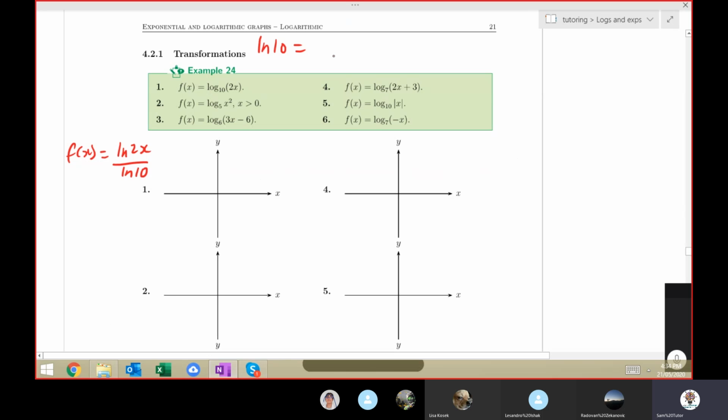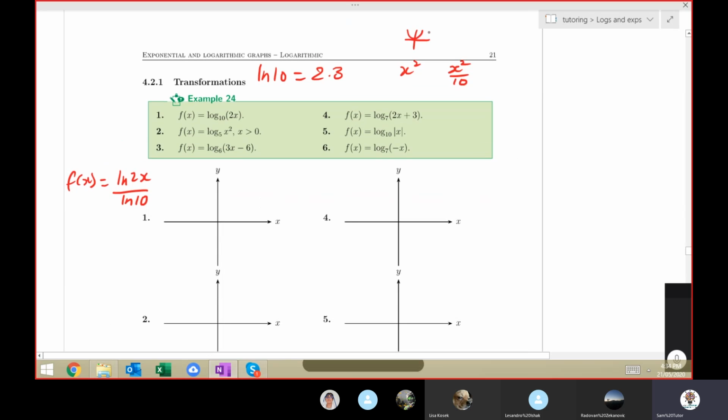I just want to show it to you. ln 10, all right, 2.3. Cool. Now, that's the same as me saying, hey, go ahead and draw x squared compared to x squared on 10. Well, they're both the same graphs. That's a parabola. That's a parabola. There has been no shifts. Dividing by 10 or multiplying by 10 doesn't do anything, other than dividing by 10 makes it look wider.